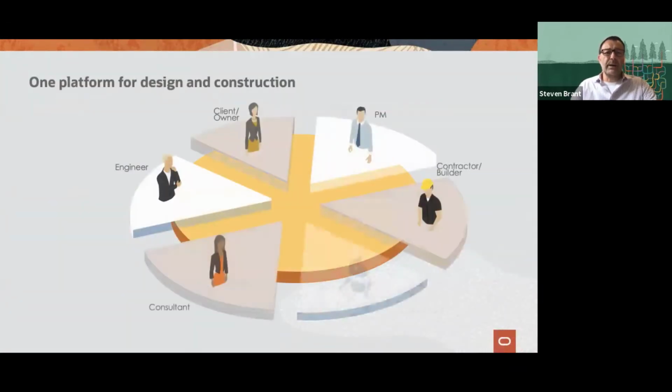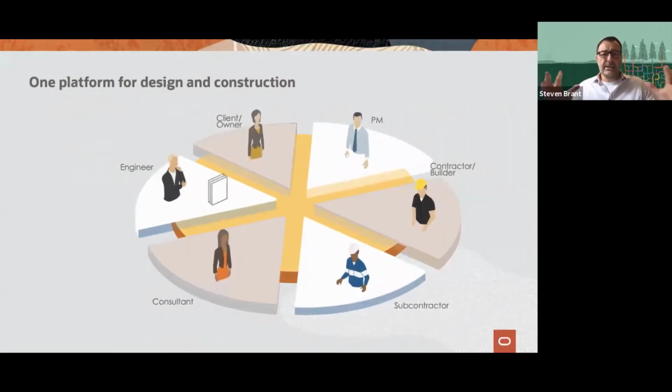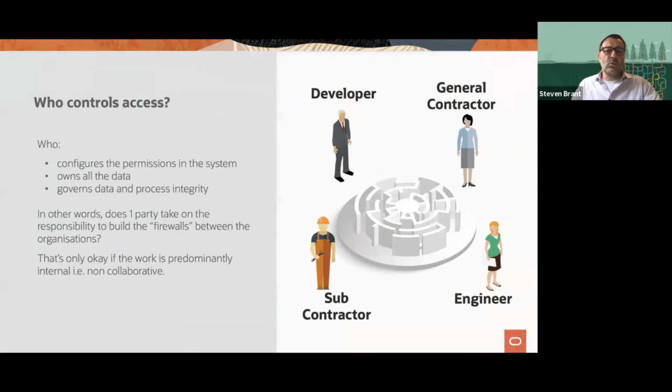Last time I talked about the benefits of a single platform where teams can exchange information efficiently between private workspaces, and each organization has a view into the status of things they're involved in and can drive personal accountability and hold others to task. But I asked the question, what happens if one party has absolute control over access to the system and the data in it?